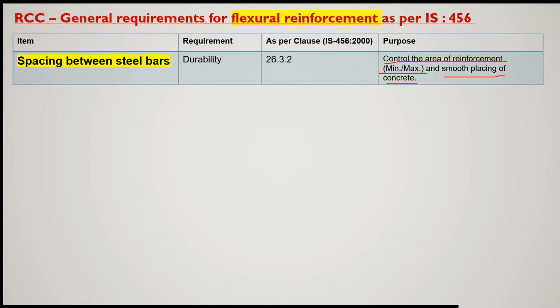One of the main purposes is smooth placing of the concrete, because if the spacing between the steel bars is very small, it will be very difficult to place concrete. Pouring and settling of concrete will be very difficult. So for smooth placing of the concrete you need spacing between the bars, and let us see what is suggested by clause number 26.3.2.